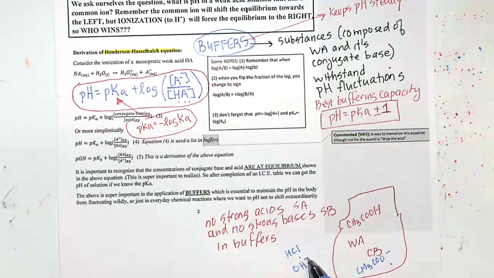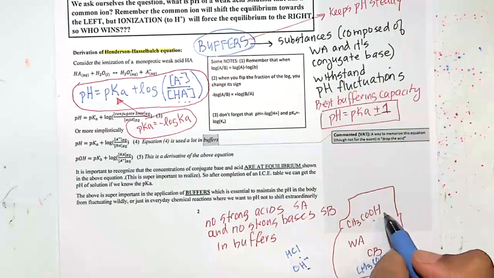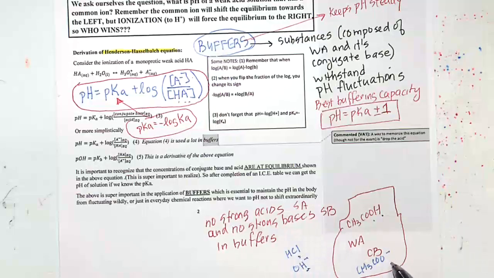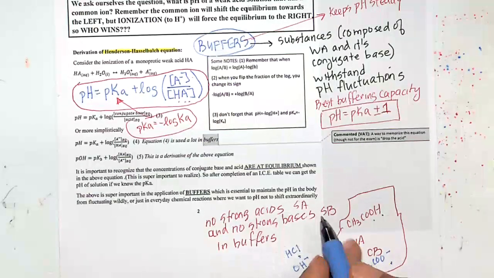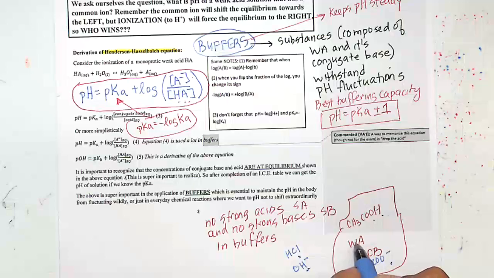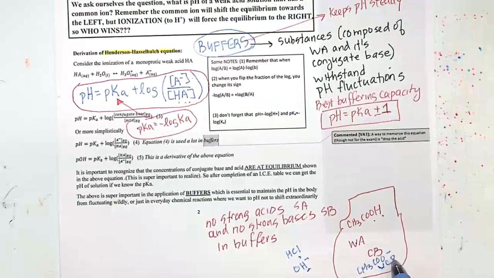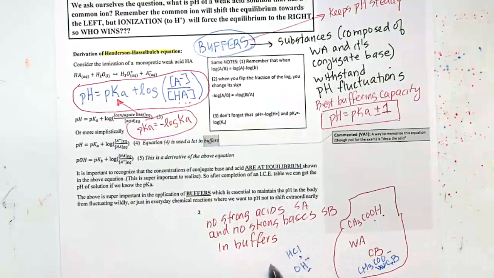If you add a little bit of OH here, this will get neutralized by this, because the strong base will react and take away this proton. The strong acid will protonate this. So this weak acid and weak conjugate base can work to neutralize strong acid or strong base to some degree.